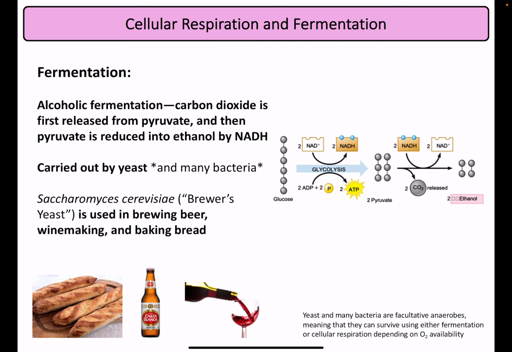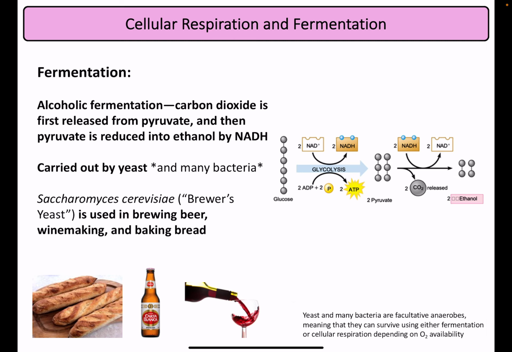Organisms that undergo alcoholic fermentation, the most important for humans would be yeast, but also many species of bacteria do this as well. It's interesting to point out that yeast, which again are single-celled funguses, are yet really complex organisms, because since they're funguses, they're eukaryotic, so they have many of the same organelles that our cells do, yet they're just one cell.